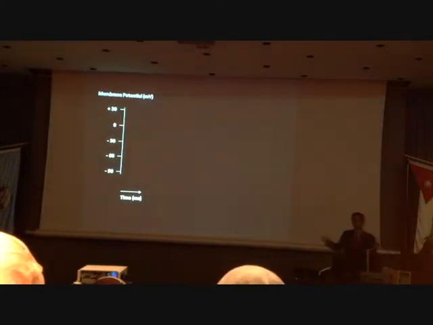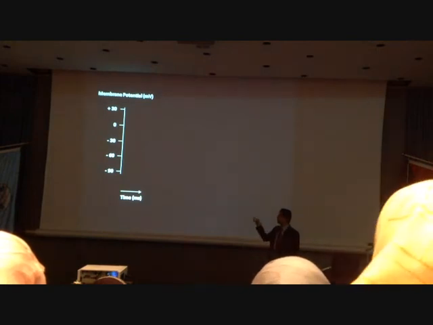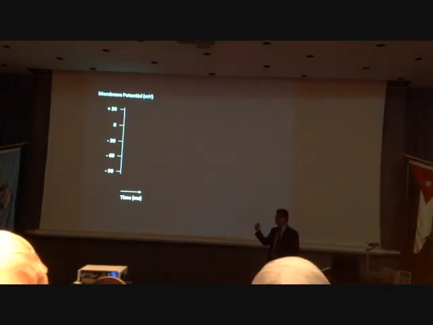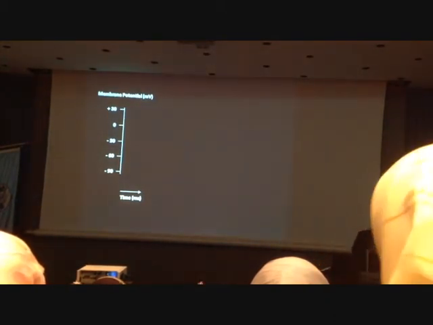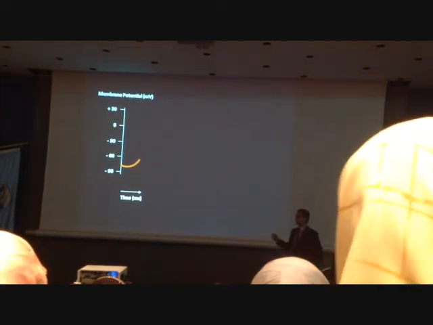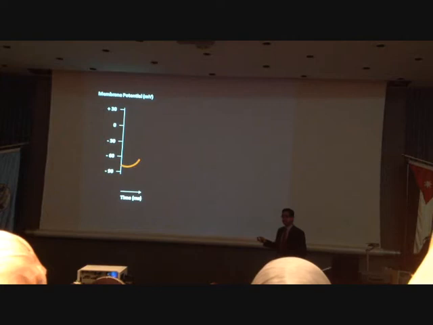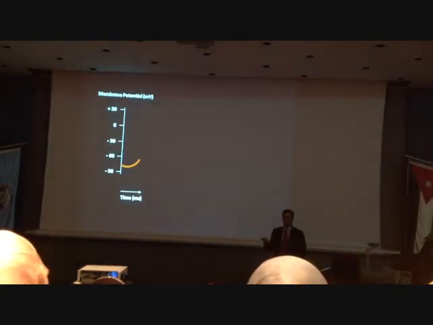Let me start by showing you the old famous line, which is the membrane potential in millivolts, plotted versus time in milliseconds. Now, let's say here's a cardiac cell, and it always starts somewhere in the negative, between minus 70 and minus 90, okay?